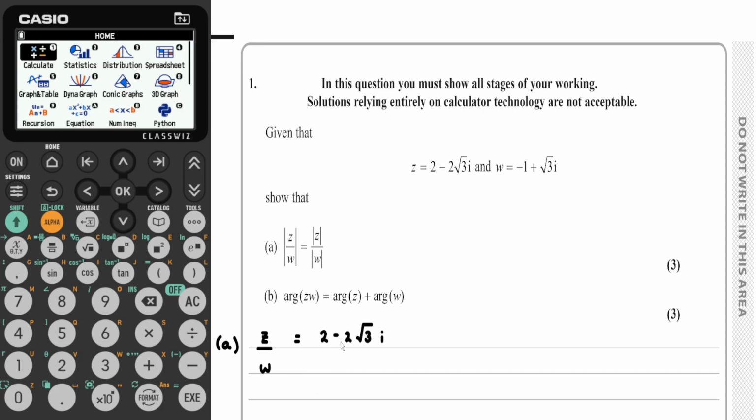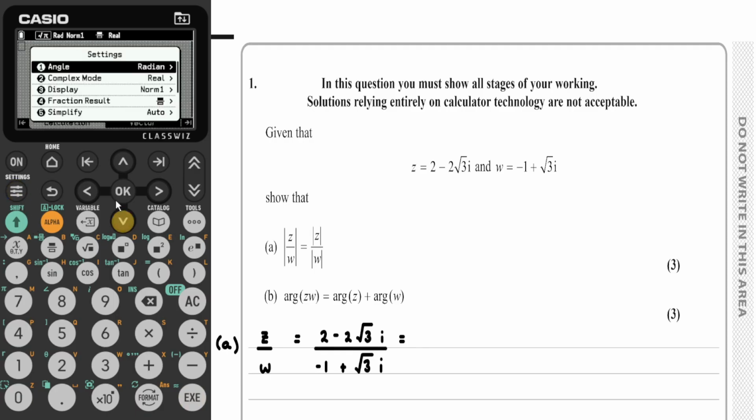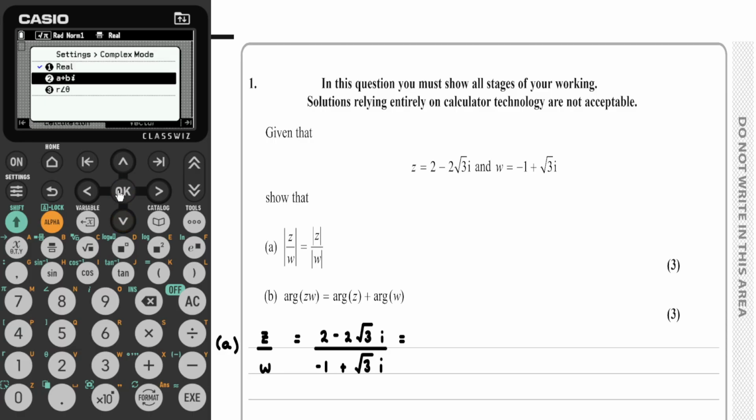That's equal to 2 subtract 2 root 3i over negative 1 plus root 3i. So if we work out what this is on our calculator, let us change the settings such that we display the result in the form a plus bi.